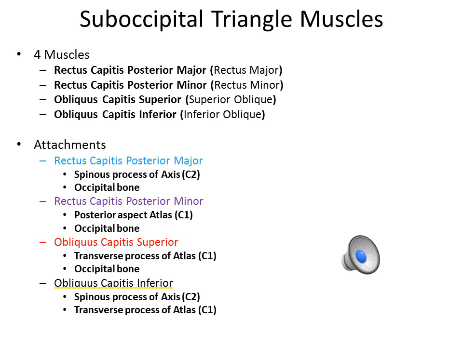Obliquus capitis superior's inferior attachment is the transverse process of C1, and its superior attachment is the occipital bone. Obliquus capitis inferior's inferior attachment is the spinous process of C2, and its superior attachment is the transverse process of C1.